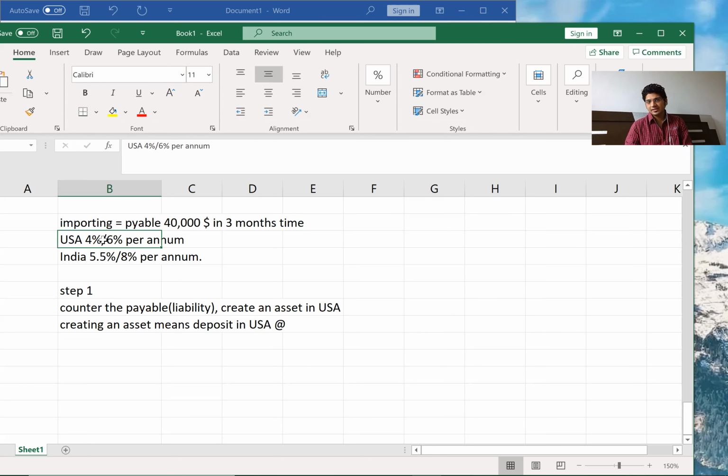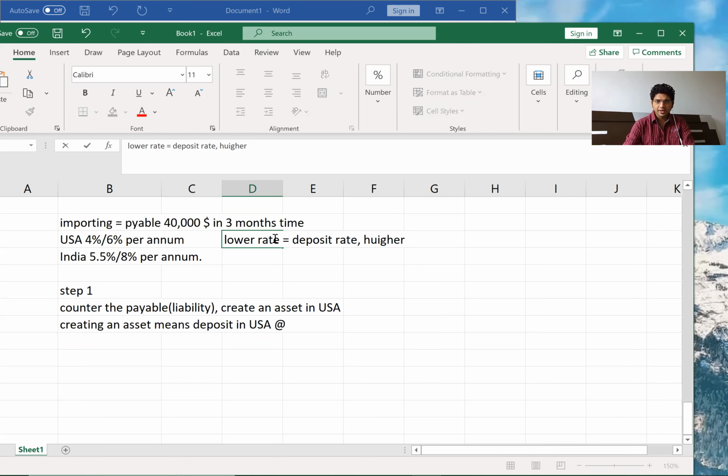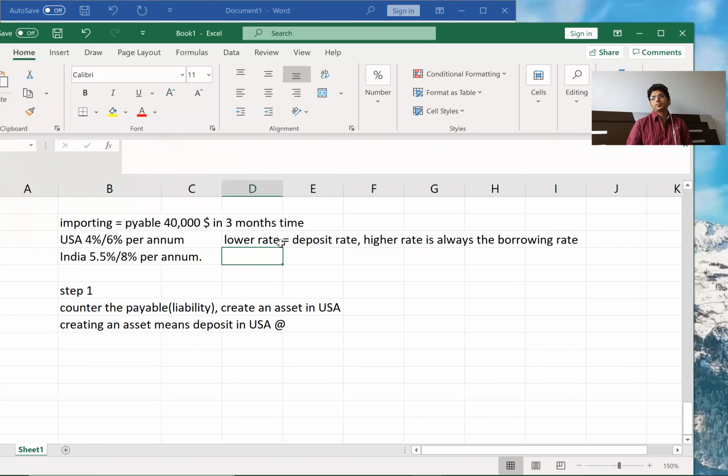So the lower rate is always the deposit rate, and the higher rate is always the borrowing rate. They can also give it as 6%/4%, still the meaning is the same.